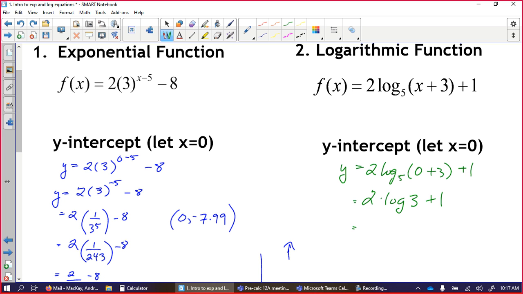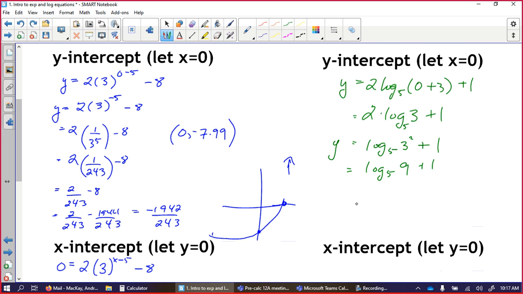That's log base 5 of 3 squared, plus 1, which is log base 5 of 9. Well, I can evaluate this by doing log of 9 over log of 5, plus 1, which equals something plus 1.